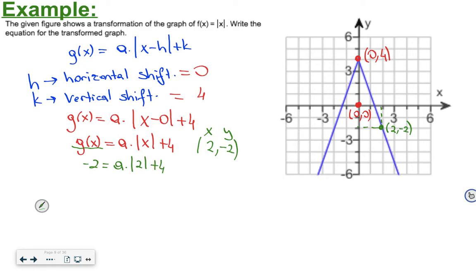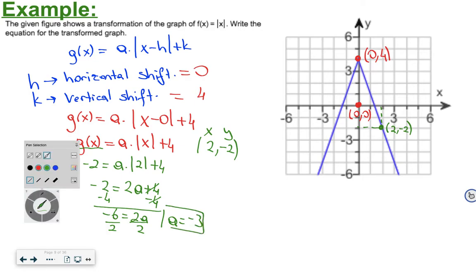What is the absolute value of 2? It is 2, so 2a plus 4. If you subtract 4 from both sides, you will get negative 6 is equal to 2a. Please divide both sides by 2. You will get a is equal to negative 3. Now, what is the equation of the transformed function?